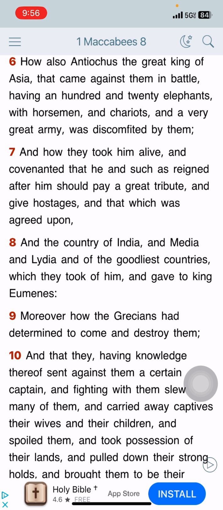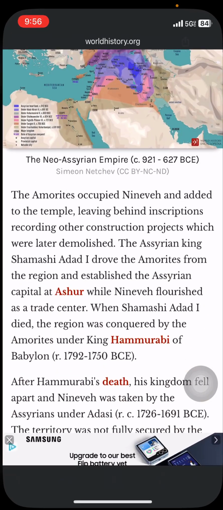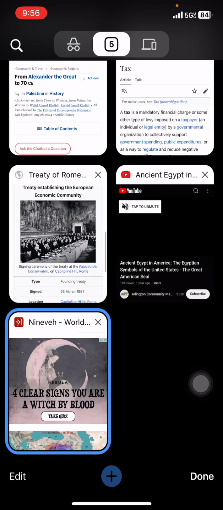I'm saying that all wrong. Forgive me. I'll read it again. And how they took him alive, and covenanted. I'm gonna just say that. I'm probably pronouncing that wrong. Matter of fact, let's look it up. I'm gonna get it right.